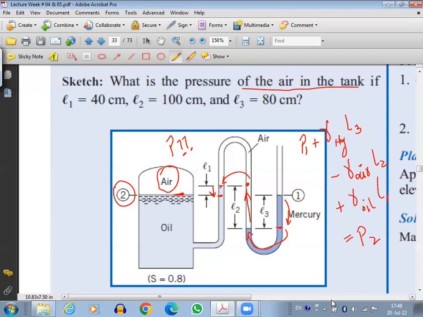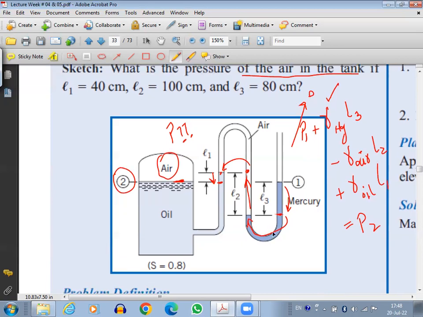Now here, one thing to be noted is that P1 is 0, because we are talking about the gauge pressure, and P1 is open to atmosphere. So P1 is 0, right? So gamma Hg will be known. The question normally gives it.